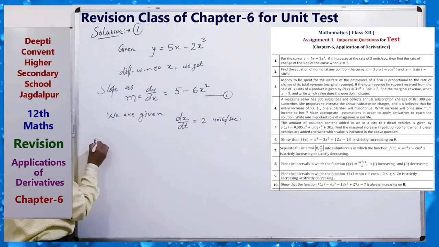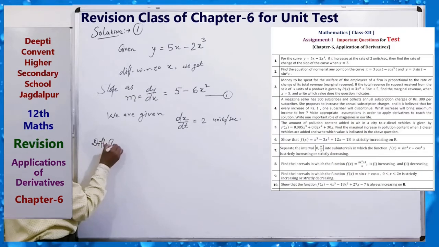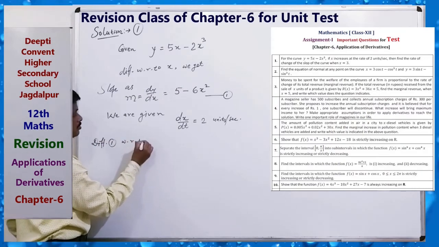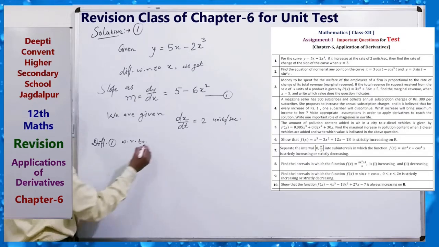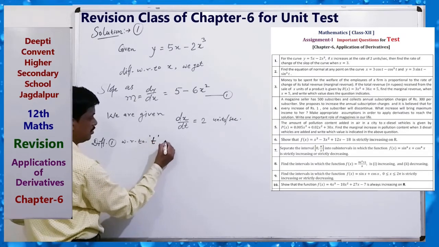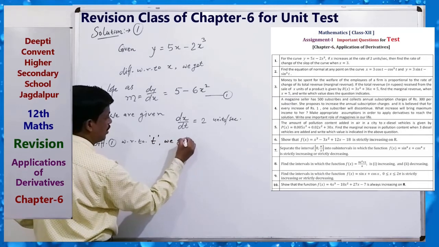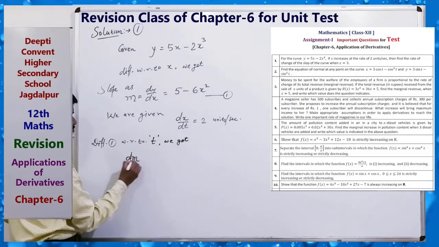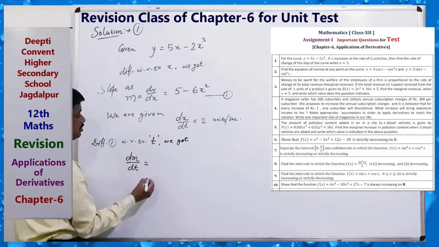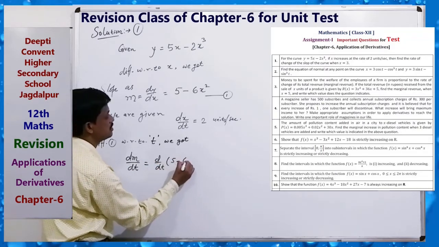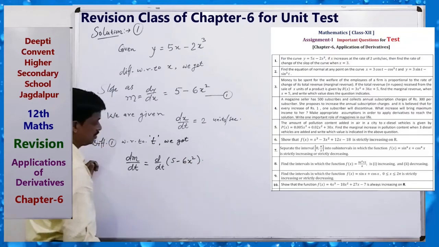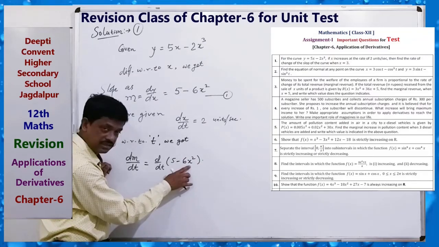Differentiate equation 1 with respect to time t. We get dm upon dt equals d by dt of 5 minus 6x square.